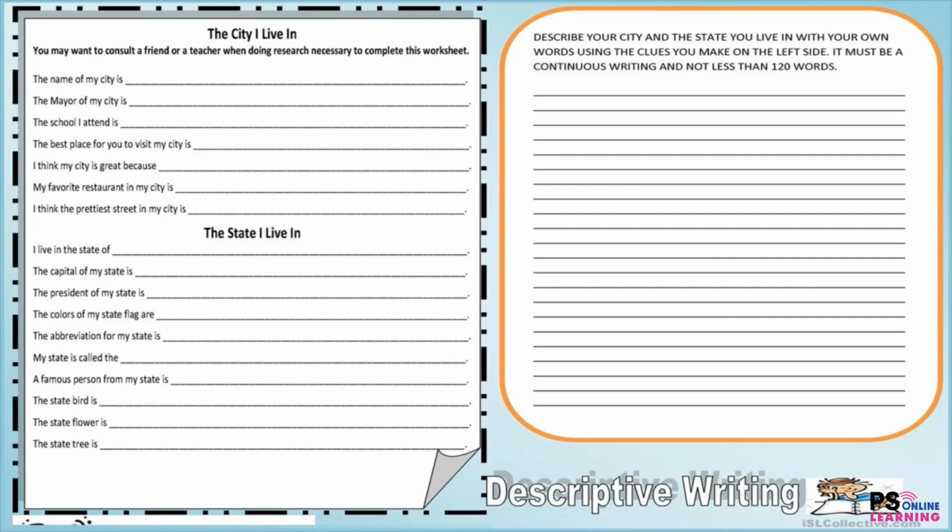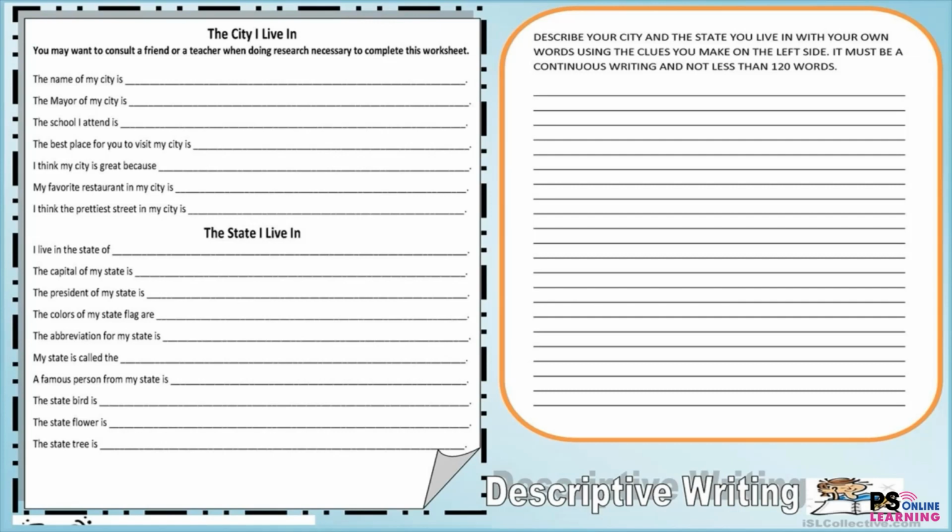The best place for you to visit in my city is. Okay, so this is about you telling me about your city. If I came to your city, where would you want me to visit? Where's the best place for me to go and see in your city? That's what it's asking.